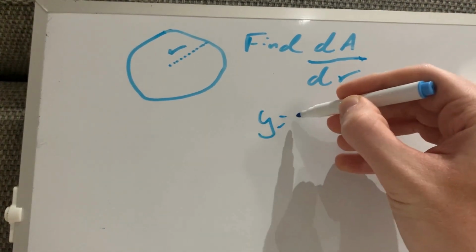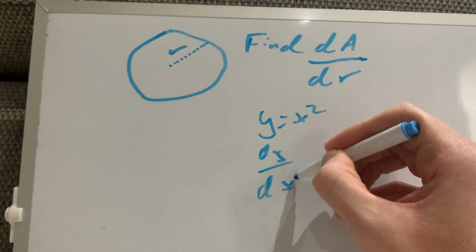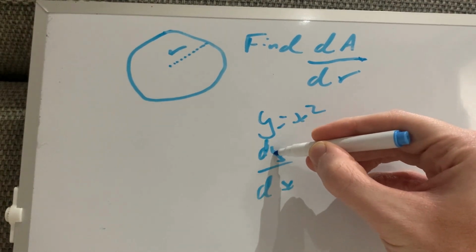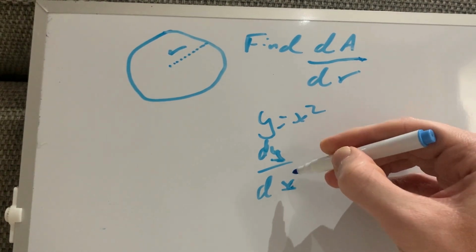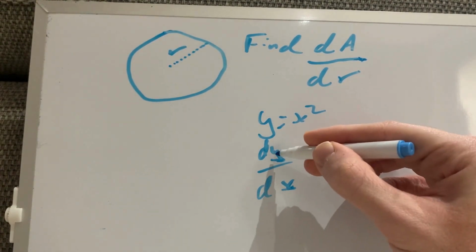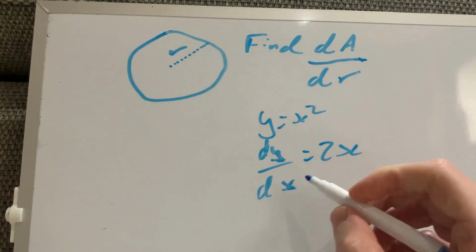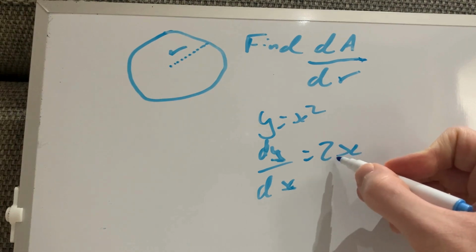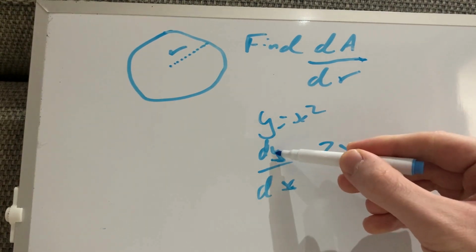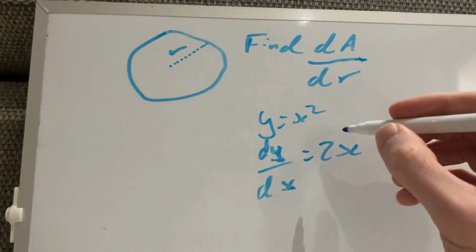So if we had y equals x squared, if we did dy by dx, all we're doing is asking ourselves, how does y change with respect to x? Like if we changed x a really, really small amount, how would the y value change? So we get 2x. And as we've explained, this just means that whatever value of x we have, we multiply it by 2, and that will tell us how our y is changing. But this can be anything. Our y's and x's can be anything.